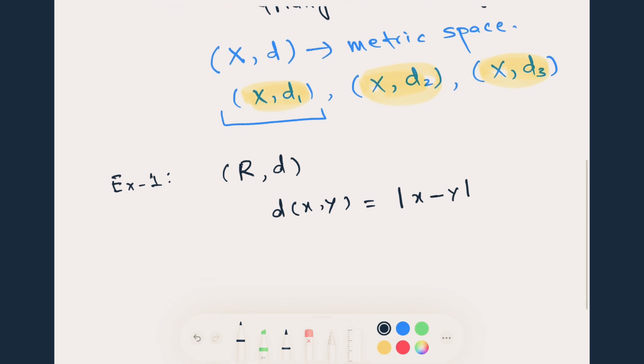Obviously this is a metric. It is just the magnitude of the difference between 2 points.